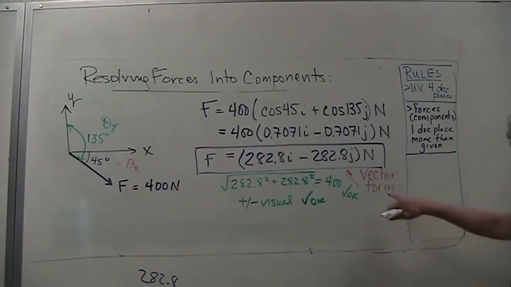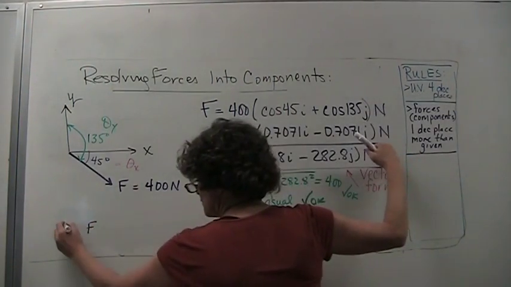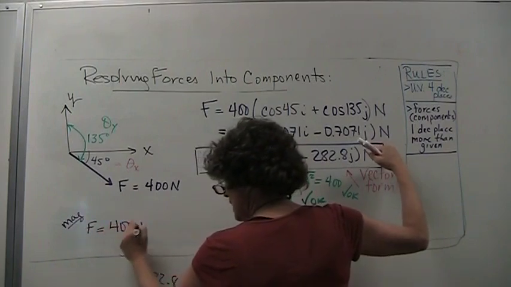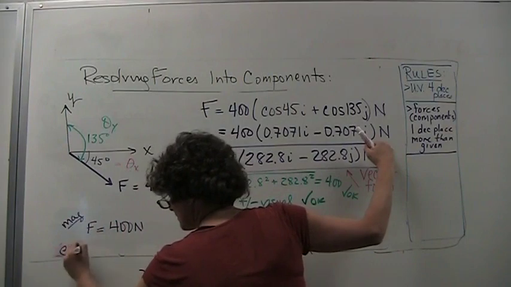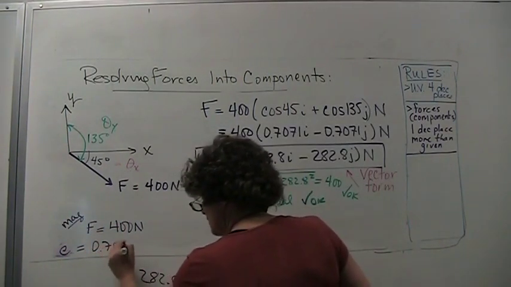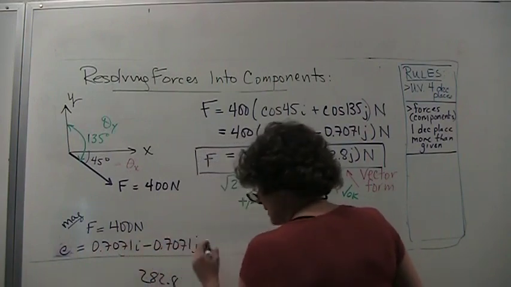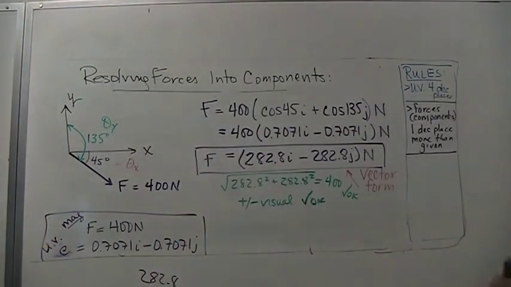Okay, we represented it by vector form, but now we could also represent it with magnitude, right? Force is equal to 400 newtons. And the unit vector, remember, it's represented by E. And the unit vector is 0.7071 i minus 0.7071 j. So now, right here, we represented the vector in the second form.